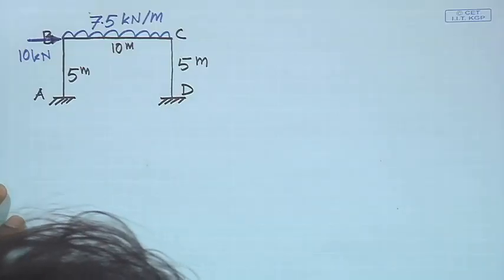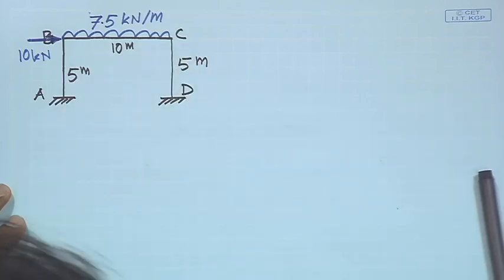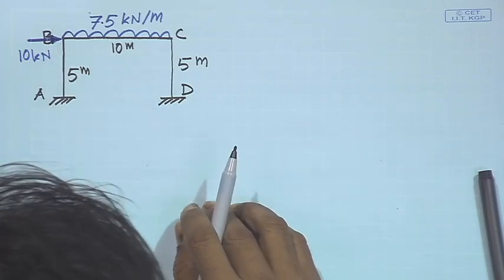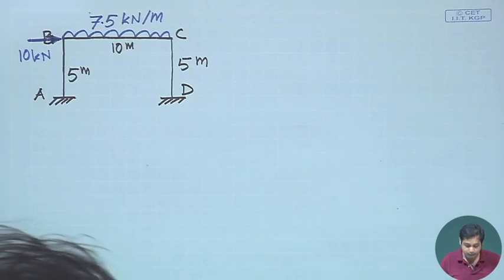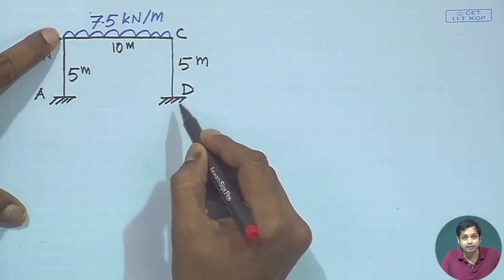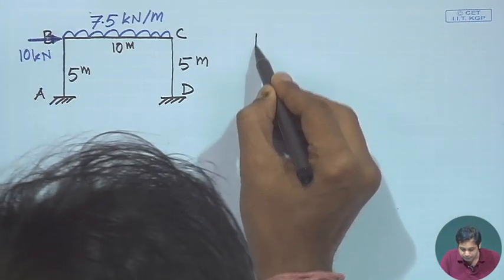Now, this is the frame, and there is a horizontal load here. If you remember, if there is no load here, it is just a problem like this.